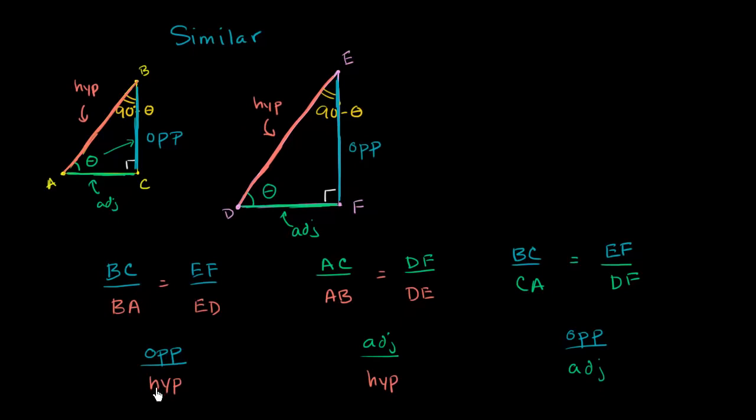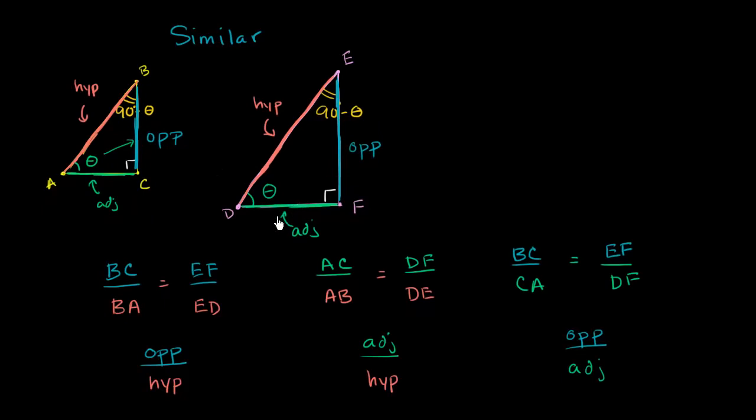That comes out of similar triangles. We just explored that. The ratio between the adjacent side to that angle theta and the hypotenuse is going to be the same for any of these triangles as long as it has that angle theta in it. And the ratio relative to the angle theta between the opposite side and the adjacent side, between the blue side and the green side, is always going to be the same.